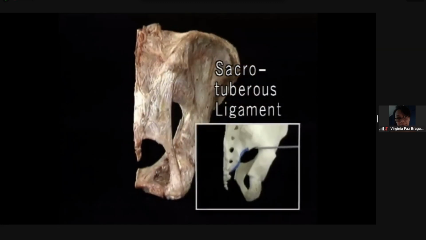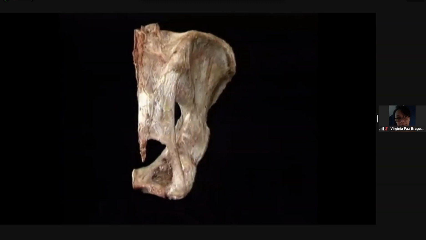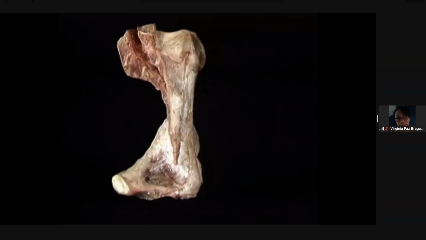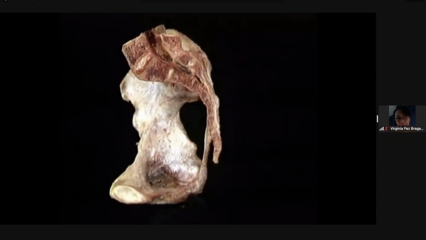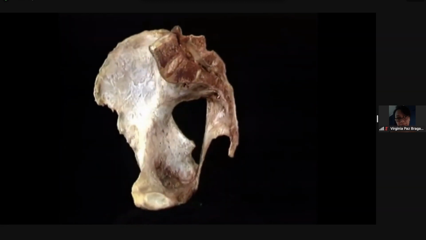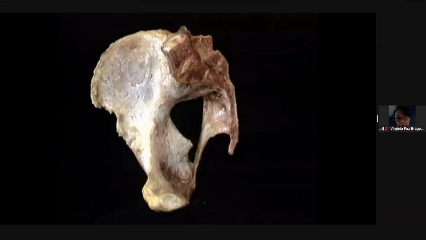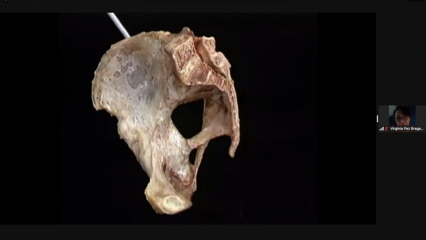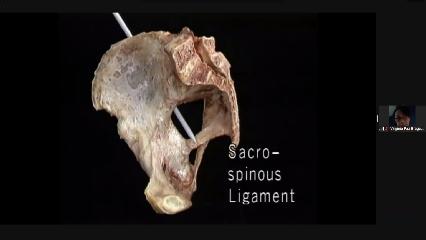The sacrotuberous ligament arises here on the back of the sacrum. It passes laterally, downward, and slightly forward. It's inserted here on the ischial tuberosity. Now we'll add the sacrospinous ligament to the picture. Here it is.